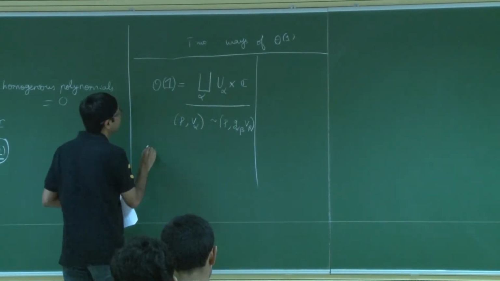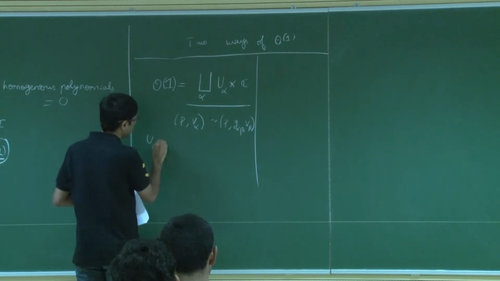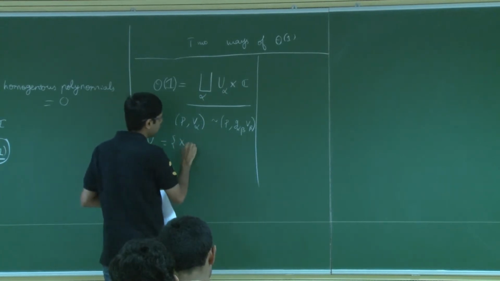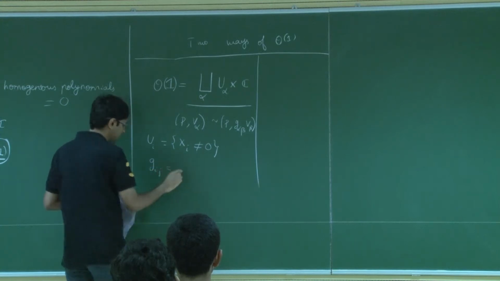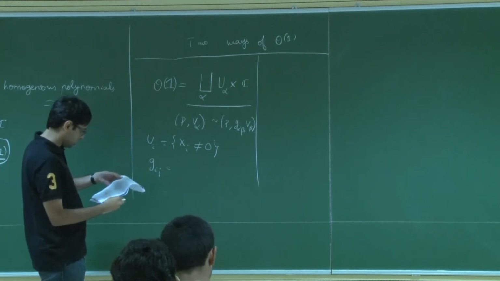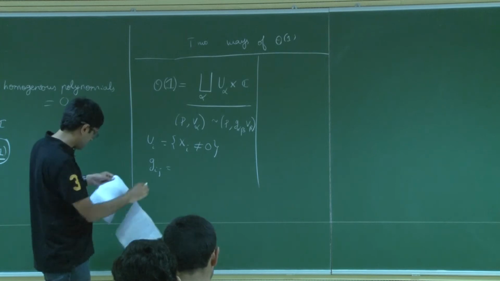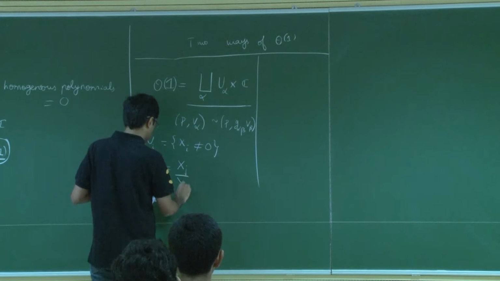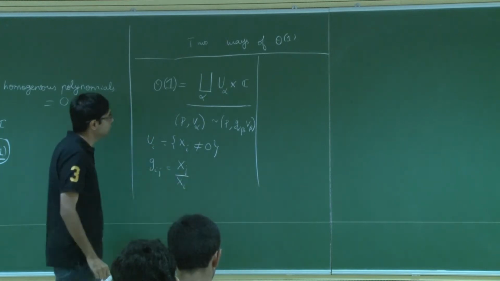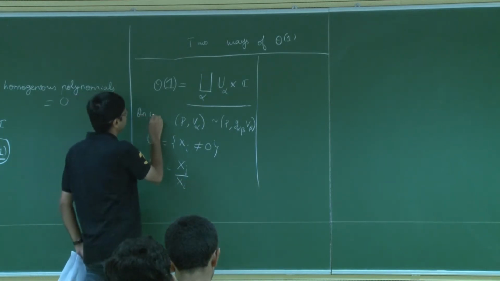By this I mean the U_i is x_i not equal to 0, and g_ij, I believe I wrote it, there's a typographical error in the one that I wrote. It's x_j over x_i, not x_i over x_j, on U_alpha intersect.